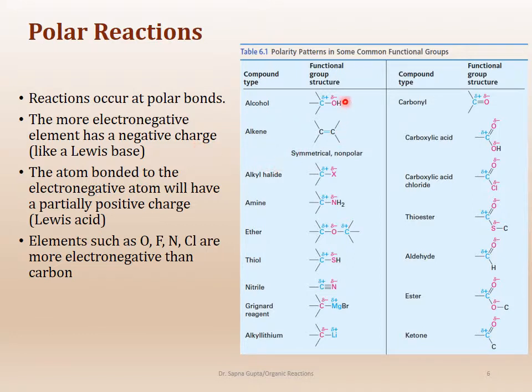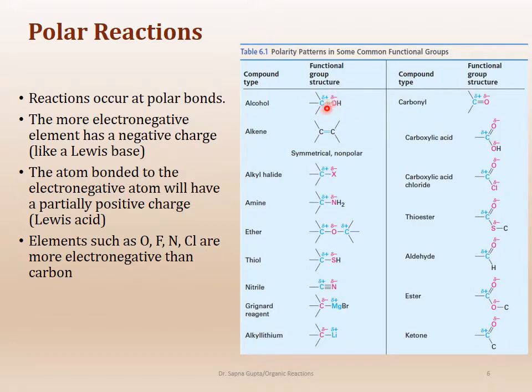So here are some examples of the bonds that are actually polar, because these will be important, okay? When we talk about mechanism of reaction, you have to understand which is the positive species and which is the negative species. In organic chemistry, the acids and the bases, the cations and the anions, are not very clear. So you really have to understand the role of electronegativity in organic, also the role of this kind of a polar bond that results from there, okay?